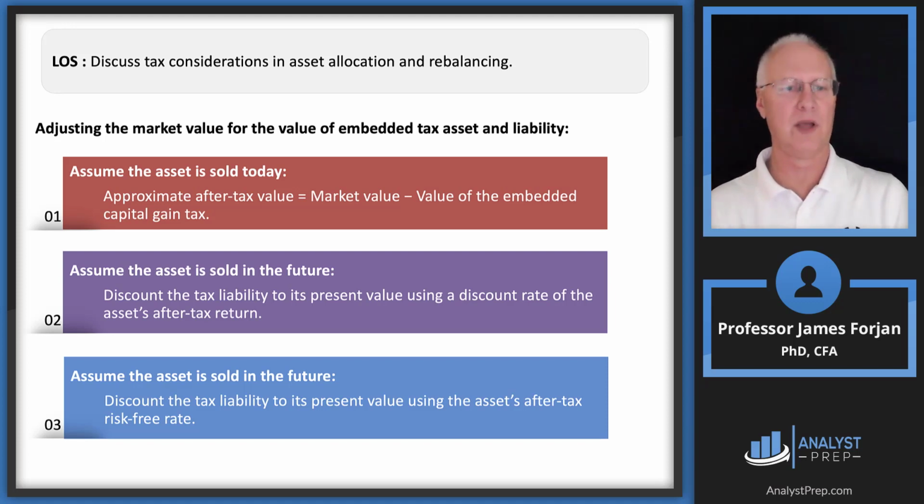Let's assume that the asset is sold today; that's what's in that top red box. And then let's suppose that the asset is sold sometime in the future. Well, we can do present values, and we can use a discount rate of the asset's after-tax return, or we can do it at the risk-free rate, depending on what that particular asset is.